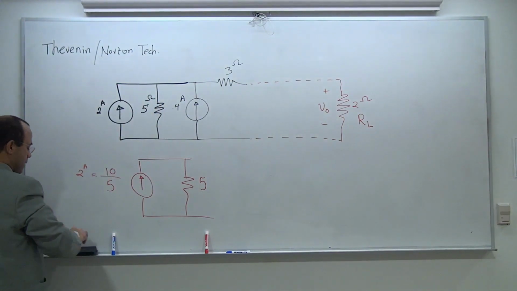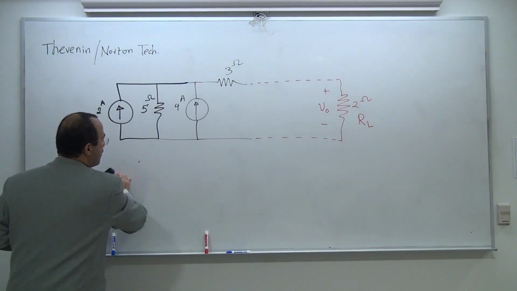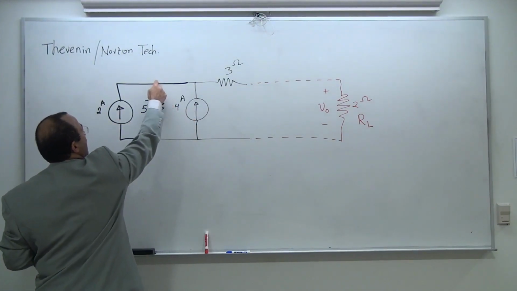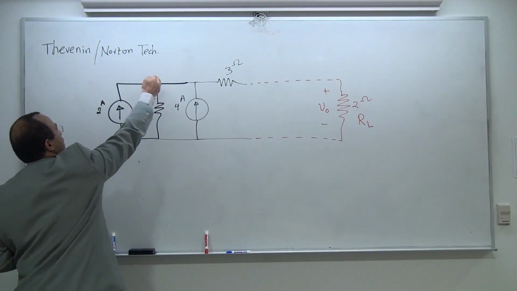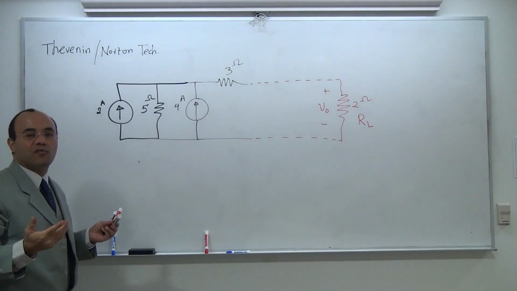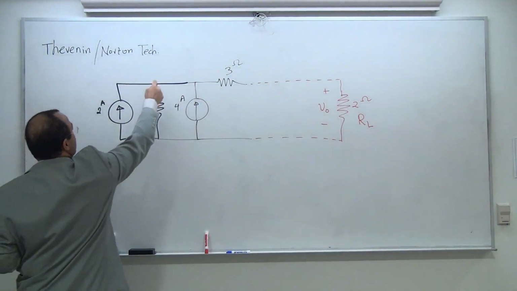Okay. Now I'm conscious. I can see 2 current sources are in parallel. These 2 are in parallel. If I observe this node, 4 amps comes to my node, 2 amps comes to my node, so I need to replace 2 and 4 with a current source that comes to this node.